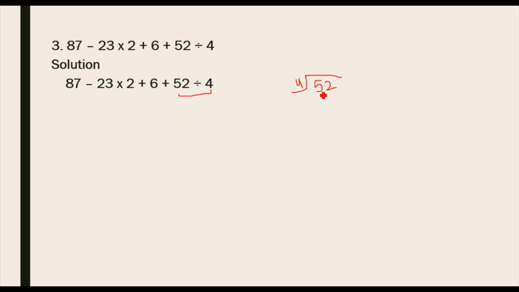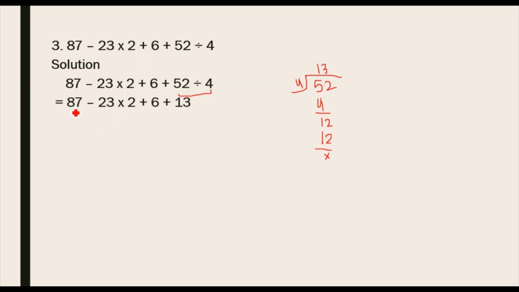The first digit is 5, and 5 is greater than 4, so we write the number which is less than 5, and it's 4. So 4 ones are 4, and when we subtract 4 from 5, we get 1, and then copy 2. Now we have 12 as a dividend, and 12 comes in the table of 4 when we multiply it by 3. So 4 threes are 12. So the quotient is 13.